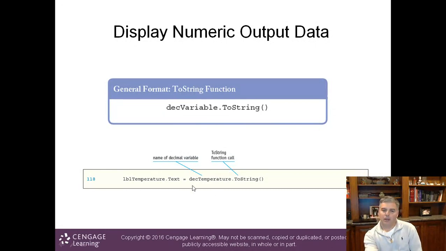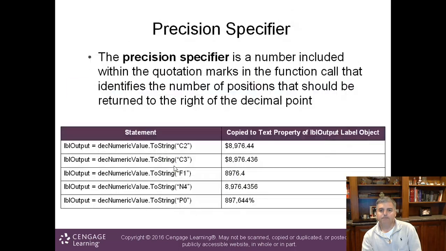In this example, it's a temperature in a decimal variable. Again using our ToString function, we convert it to a string and assign it to the text value of our label. So that's going to take whatever value is in this variable, could be 100.5, convert it to a string, assign it to the text value of that label, and output it in the program.